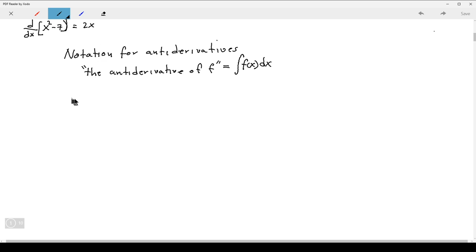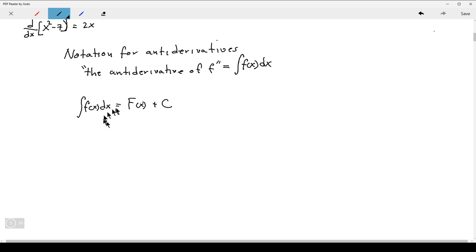So basically what the theorem says is the antiderivative of f of x dx is capital F of x plus c. That plus c is important because when you take the derivative of this, you get this.